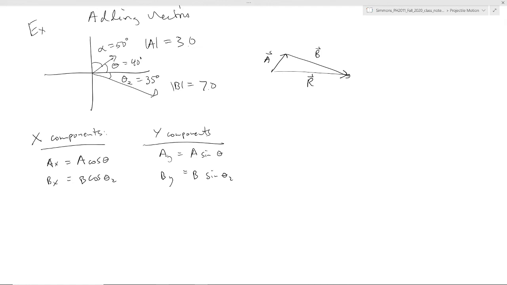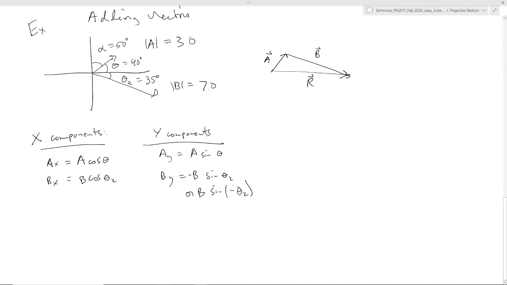You can either say that this is negative b sine theta 2, where you're indicating you're working with the assumption that that angle, that number is positive. Or you could specify this as b sine and make sure that this angle is negative. I don't care what you do, but be consistent about it.